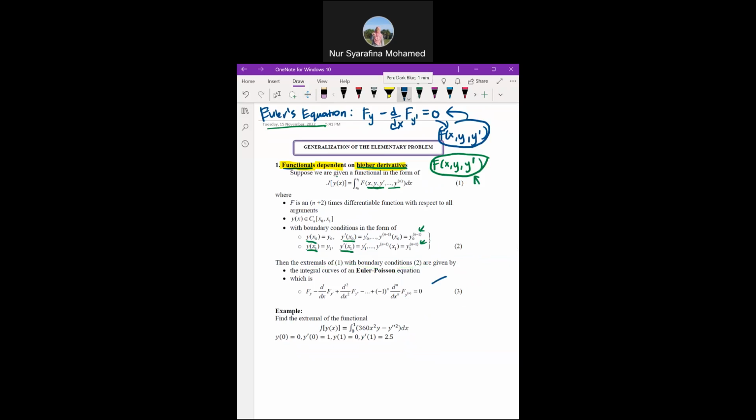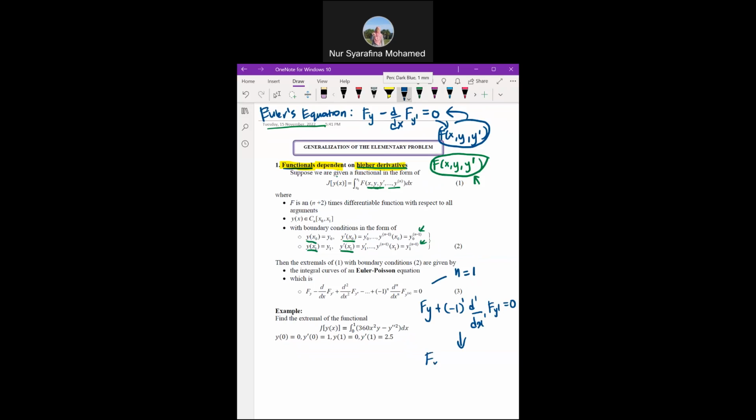This Euler-Poisson equation is actually quite general, because what if we have order n equals 1? Then we have Fy plus minus 1 to the power of 1, d^1/dx^1 of Fy prime, equals 0. So basically, the Euler's equation that we discussed earlier comes from this general Euler-Poisson equation.